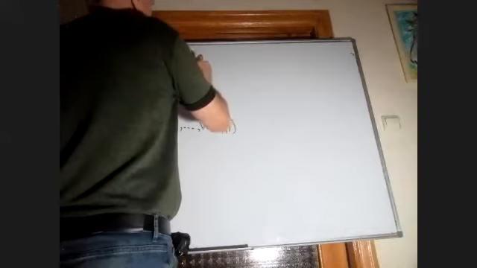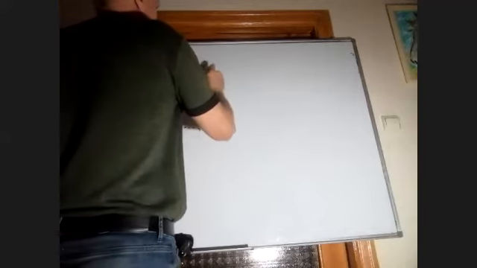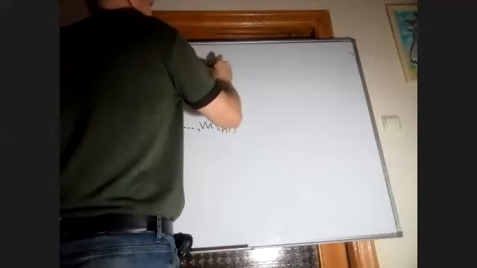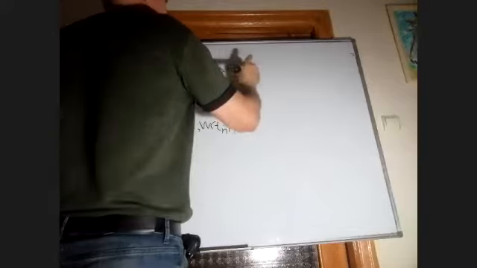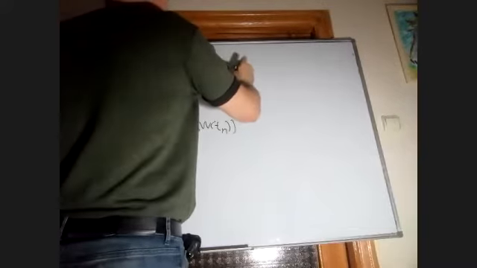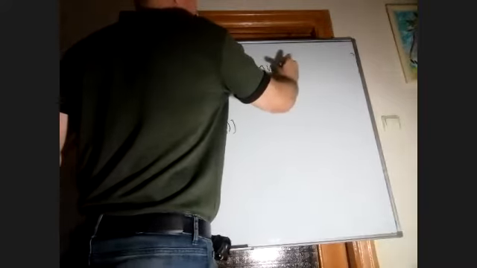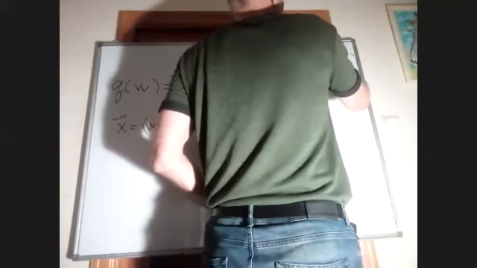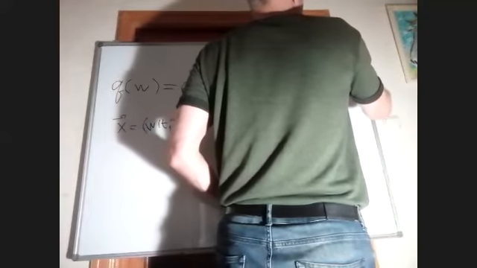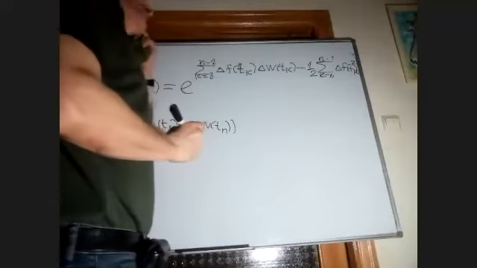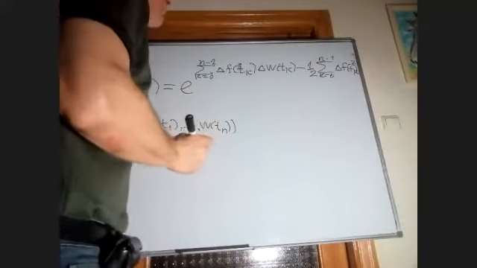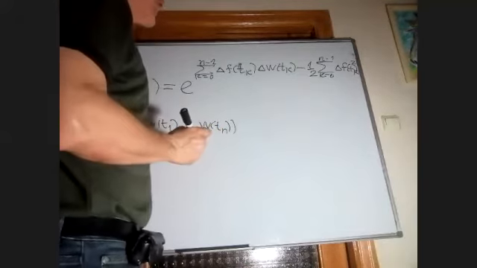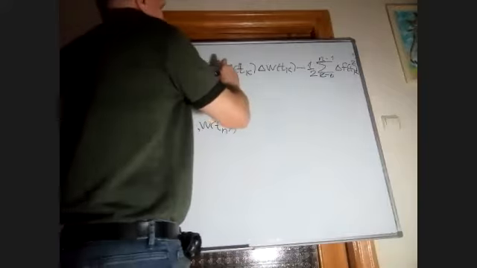And here we have the sum from k equals 0 to n minus 1 of delta f(t_k) delta W(t_k) over delta t_k, minus 1/2 the sum from k equals 0 to n minus 1 of delta f(t_k) squared over delta t_k. We only need to put the limits here and here, delta t_k and delta t_k.